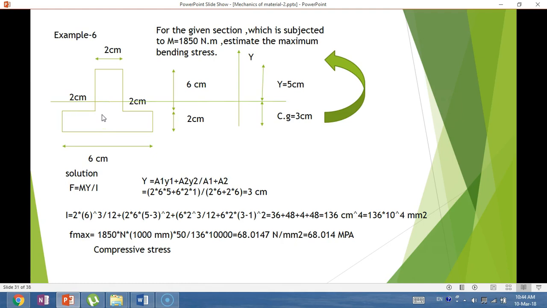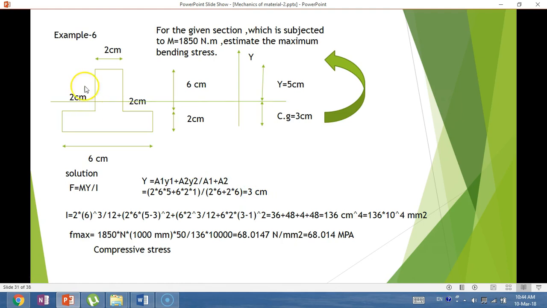In order to get y bar, we say A1 y1 plus A2 y2 divided by the summation of the two areas. So 2 by 6, and if we take that as ordinate, we are saying 2 by 6 multiplied by the distance from the CG of the first area, 3, plus 2 by 6 multiplied by 1, divided by the addition of the two areas, which is 2 by 6 plus 2 by 6, 24.